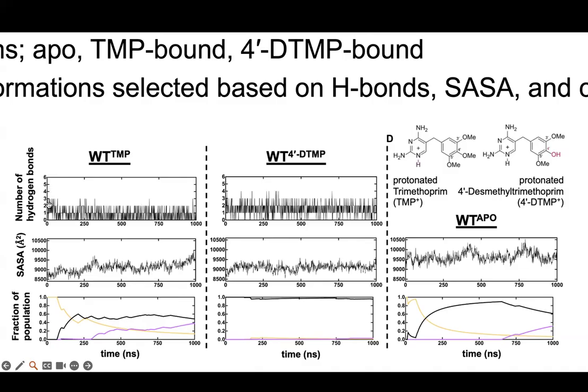Hence, there are these 3 clusters here, the yellow one, the black one, and the purple one. As you can see, in the TMP bound form, there are 3 populations of clusters that change through the time. And for DTMP, there is nearly only 1 dominant structure here. And the apo form also changes between the clusters.